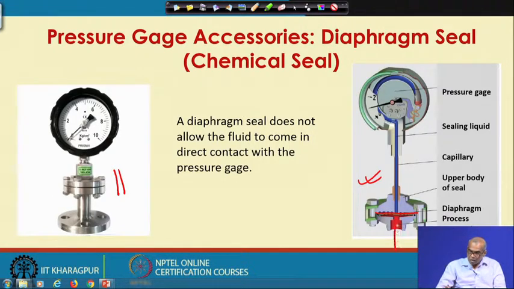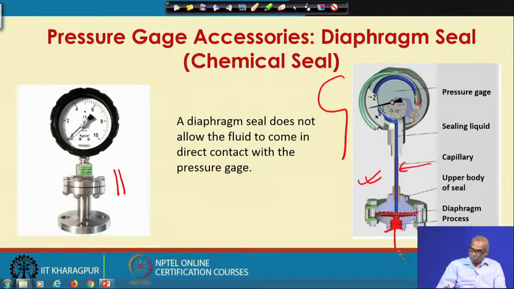This is the process fluid, this is the pressure gauge. Let us say this is the Bourdon tube pressure gauge and this is the capillary. This capillary and the entire Bourdon tube is completely filled with a sealing liquid, let us say silicone oil.